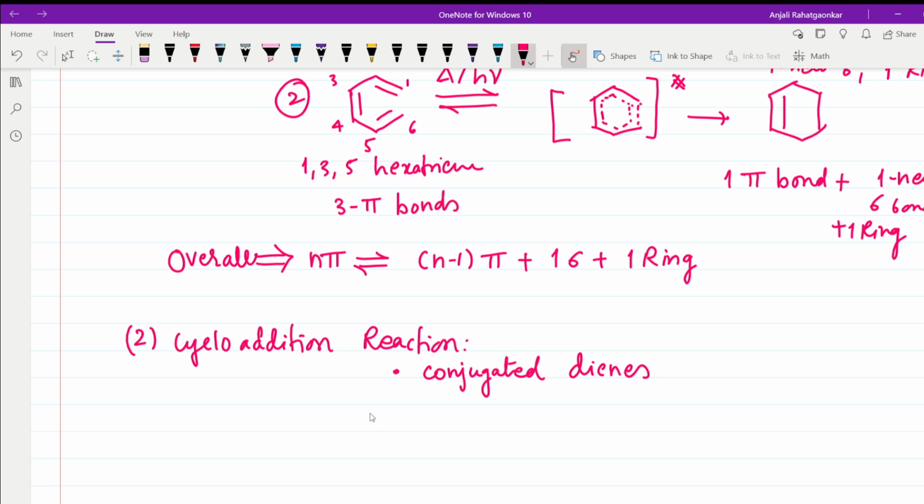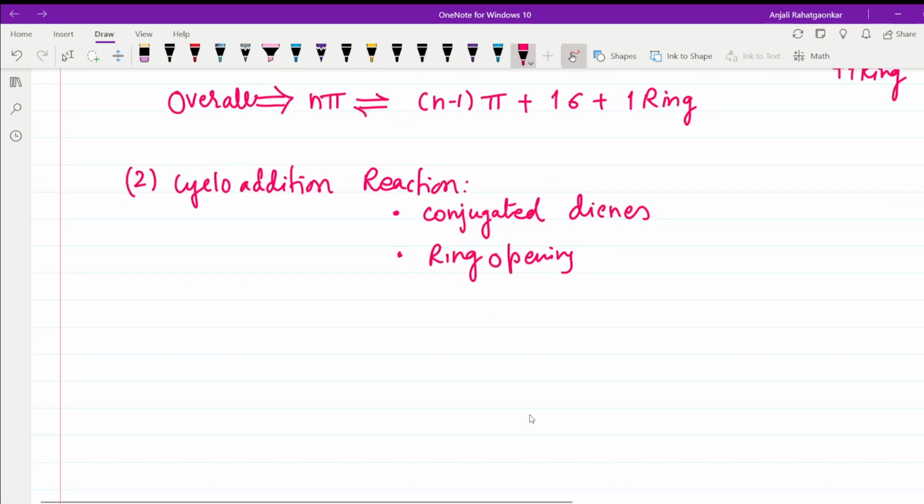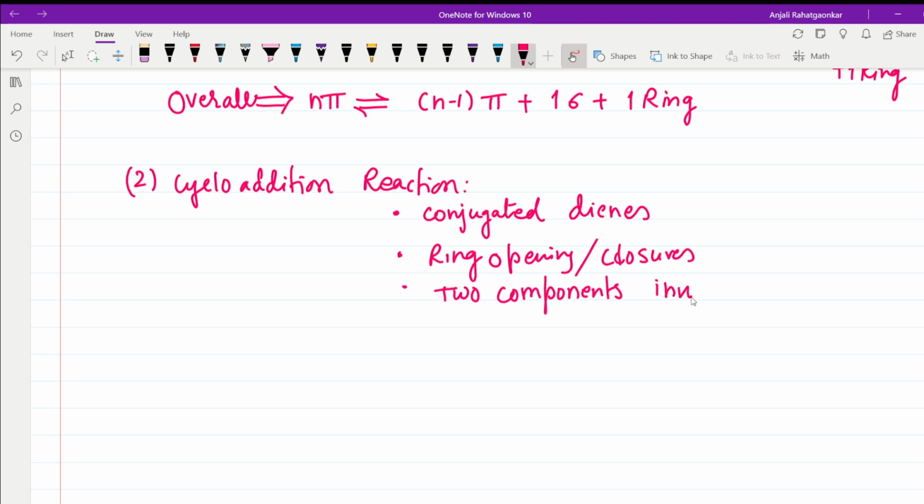The second feature, ring opening and ring closure, is the same, but here we involve 2 components, meaning 2 reactants.